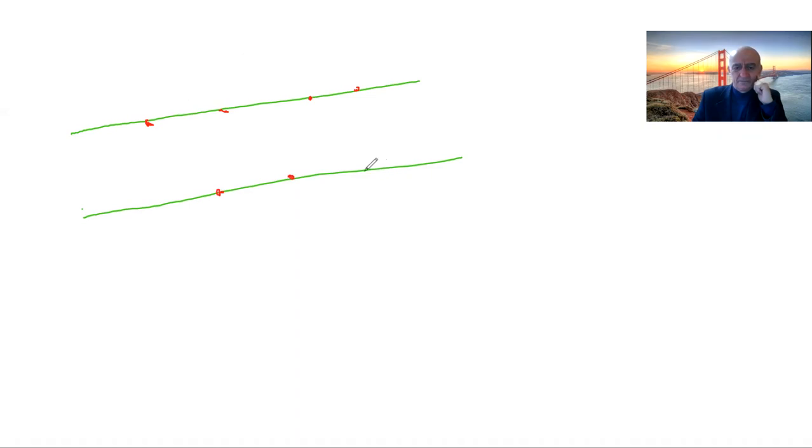But now the question is: how many triangles can we construct with vertices at these points? For example, I will show one triangle. This is one triangle. Also, I can show another triangle.